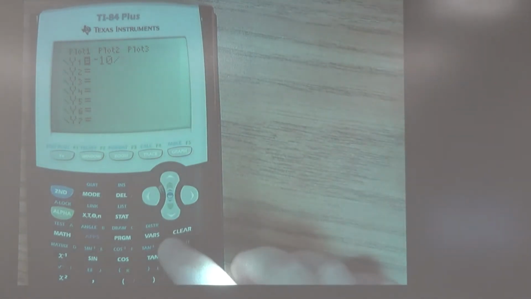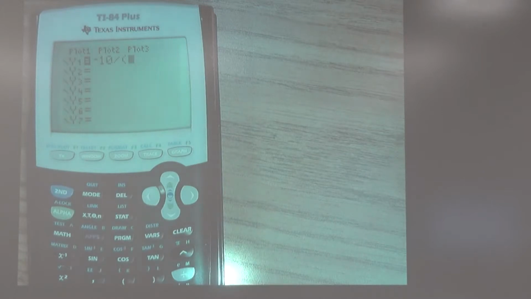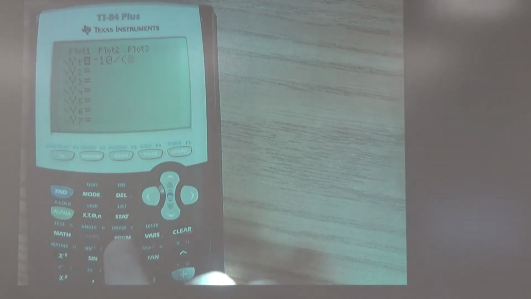Now, your calculator might have the horizontal fraction bar, so no problems. But with mine, I have to put parentheses here to say divide by the quantity x squared plus x plus 4.